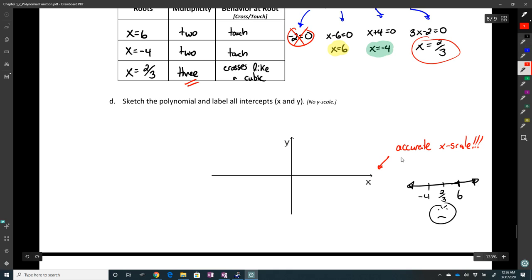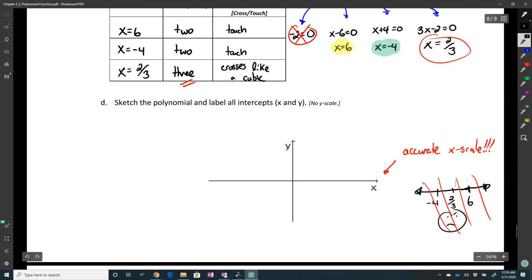Don't do that. Okay, that's not accurate. What I mean is start and actually make tick marks for each actual number up to 6. So since my largest x-intercept is 6, I'm going to put 6 tick marks on each side. I'm going to put 6 tick marks on the other side.